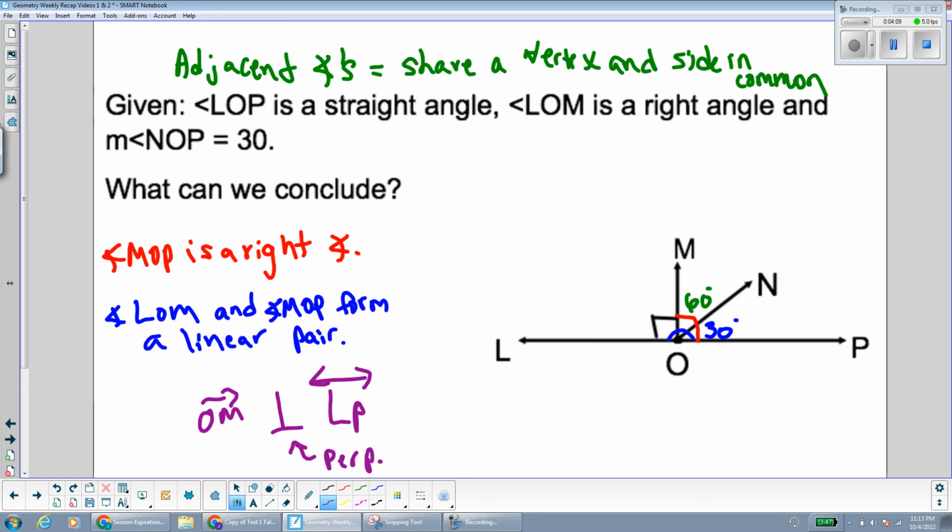For those of you who haven't seen it, I'm going to just put it over here. So remember that perpendicular lines form right angles. And since we've already shown that right angles are formed where ray OM and line LP meet, we know for sure that they are perpendicular to each other, that the statement is true.